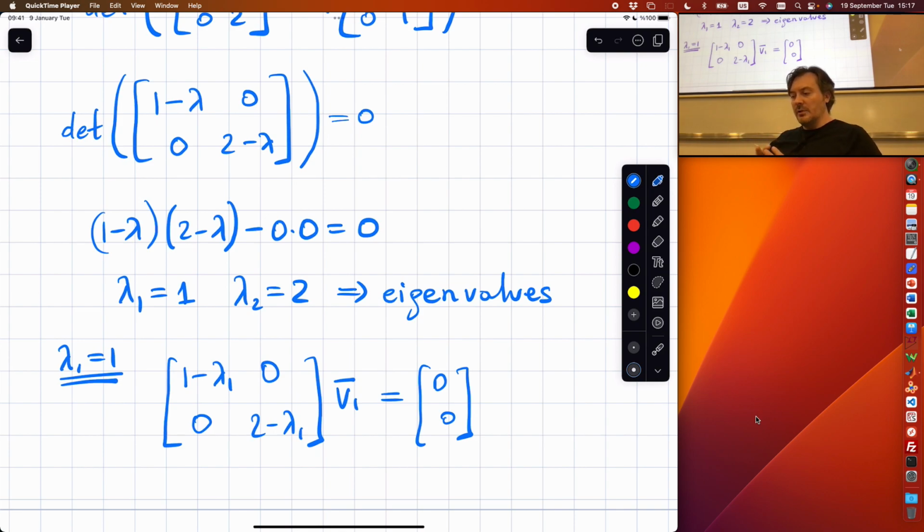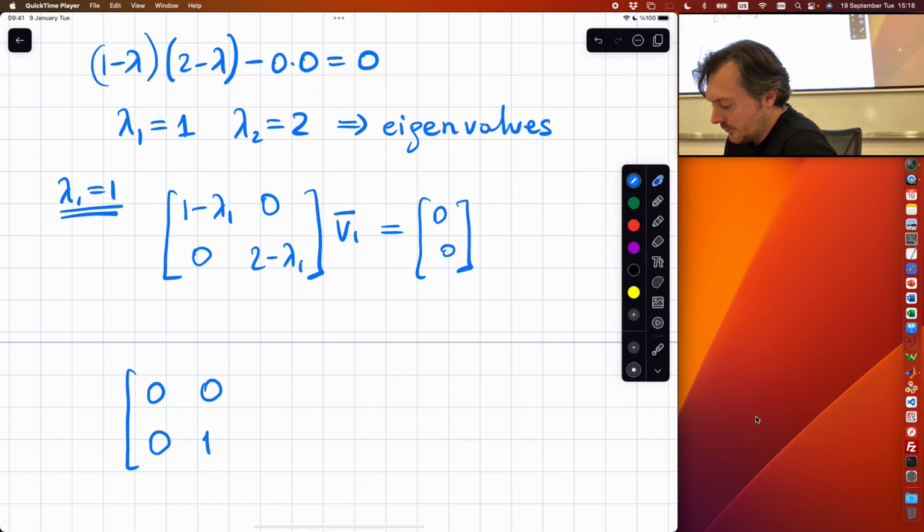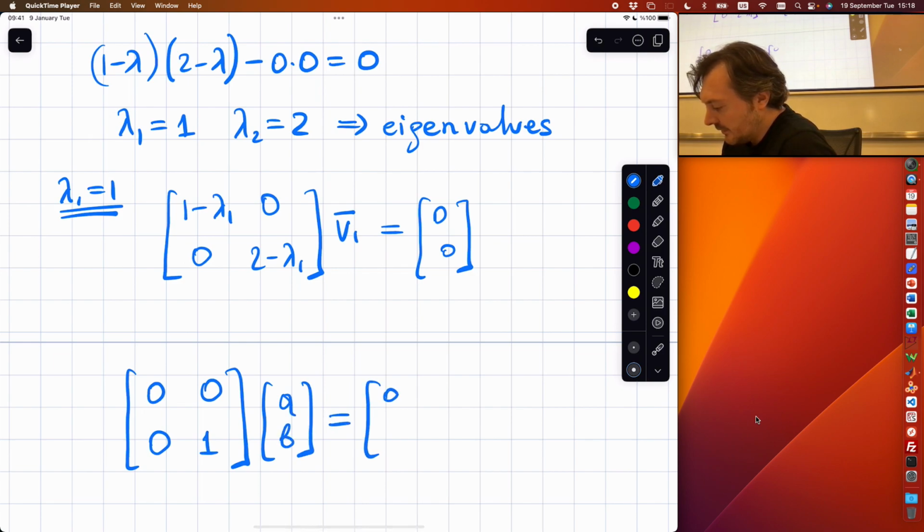Right now I'm trying to teach you how to do it. This is exactly how you do it. Find the eigenvalue, put it in this form, and figure out what V1 can be. Okay, 1 minus lambda 1 is 0. This is 0, this is 0, this is 1. And there is some vector, let's say A, B, that results in 0, 0.